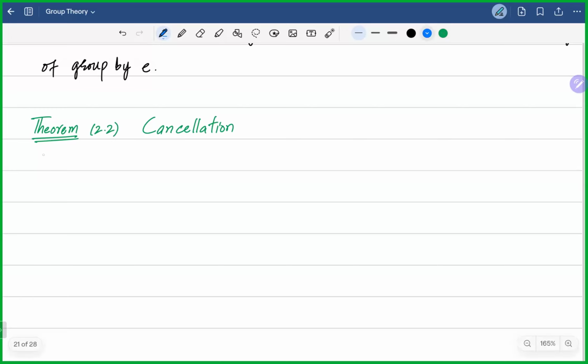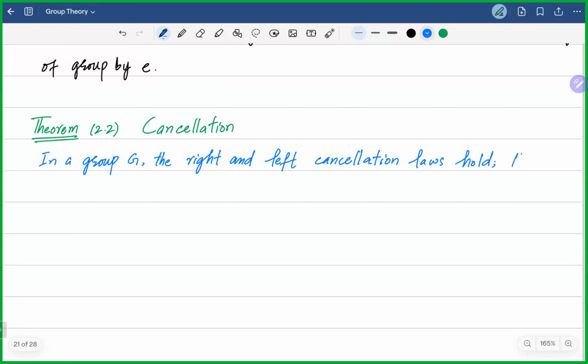The statement is, in a group G, the right and left cancellation laws hold.